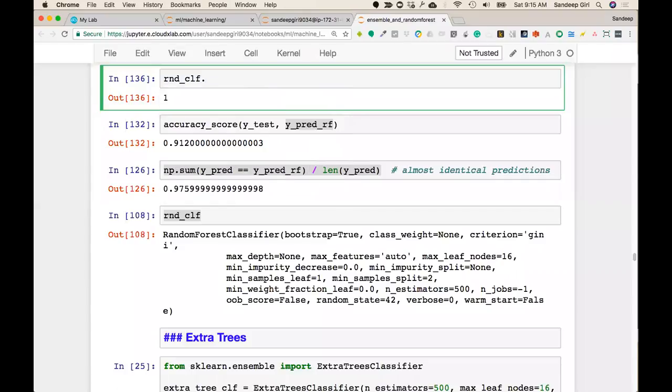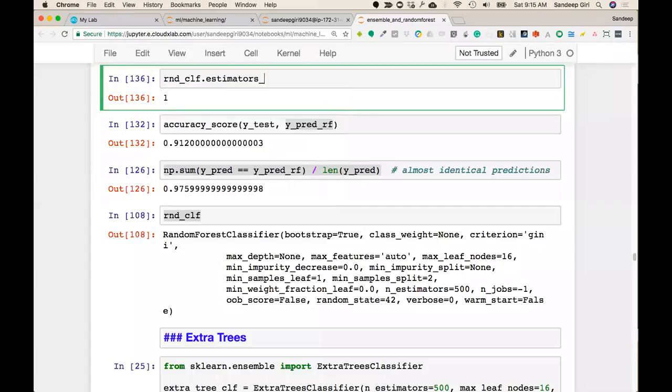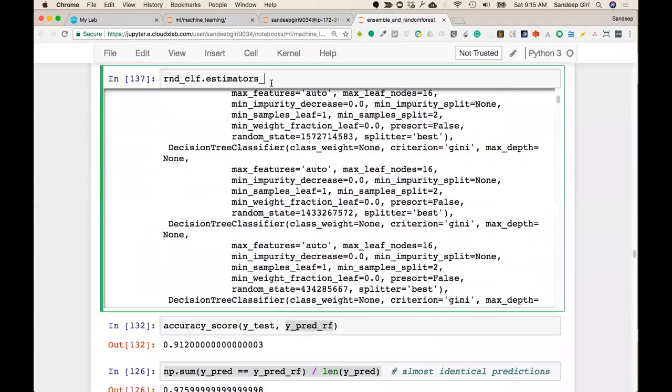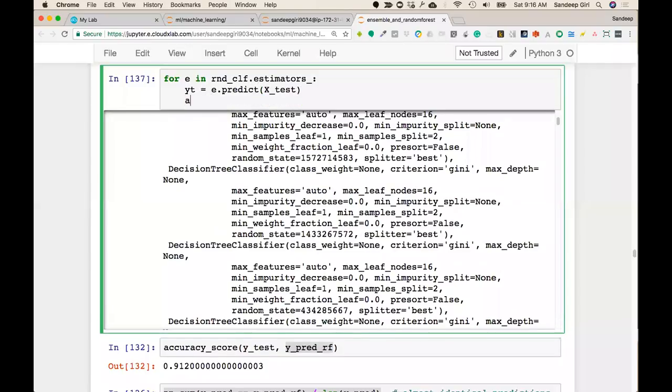What we can do is, here we have these estimators, correct? We could iterate over these estimators. So we could say for e in estimators and do the predictions. You could say e.predict and then do the computation, like this.